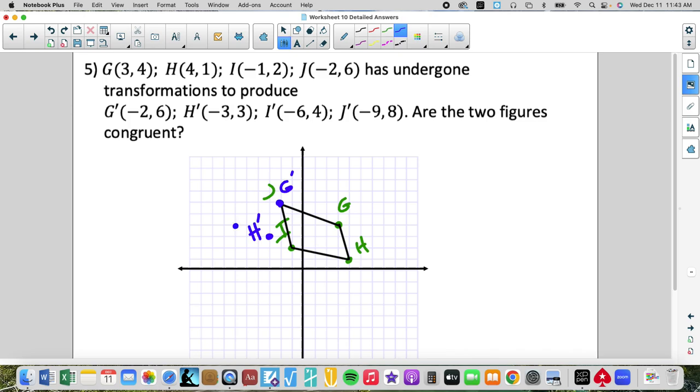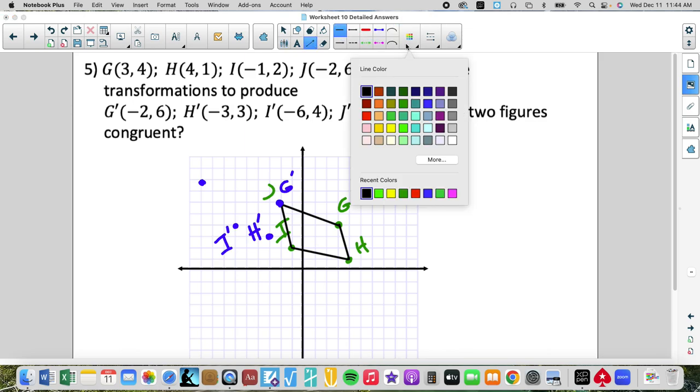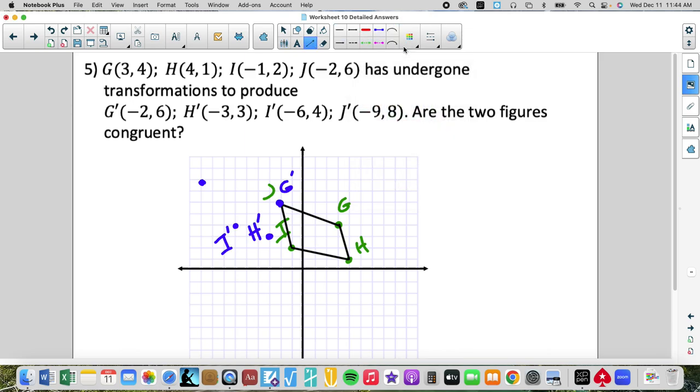Oh, I see where you're going. And J prime is (-9, 8). That looks a little goofy. That point seems to be the one that's out of whack. You were so good up until then.